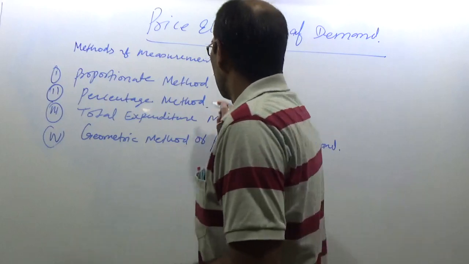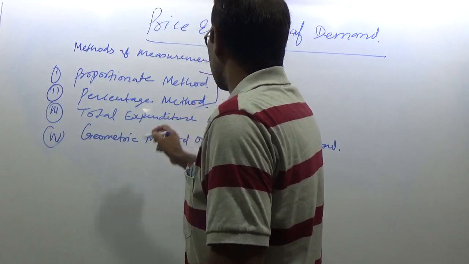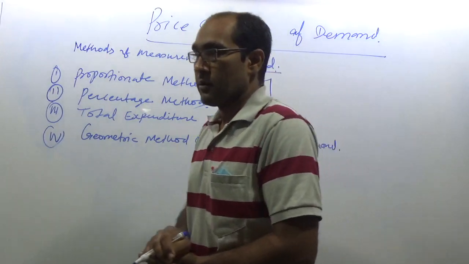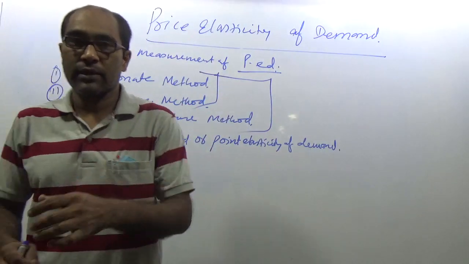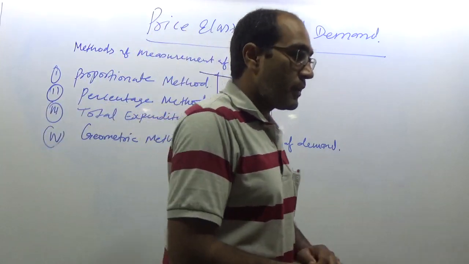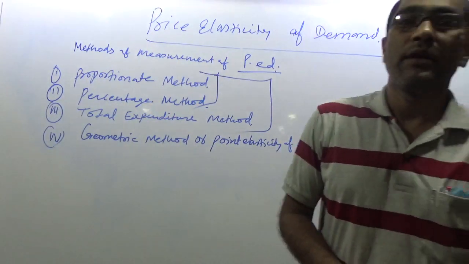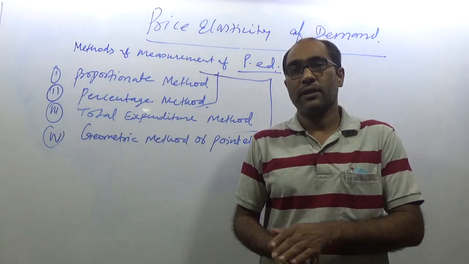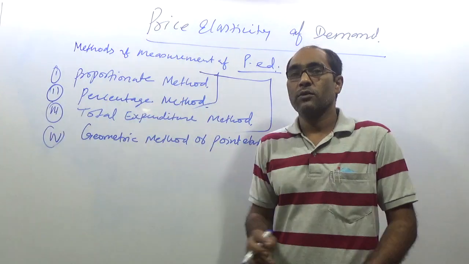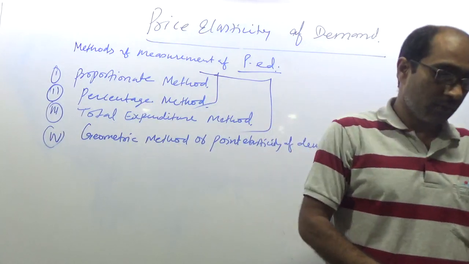Dear student, proportionate and percentage, the two names only. The process of calculation is almost the same and the value of elasticity remains unchanged. It doesn't matter whether you apply the percentage method or the proportionate method.